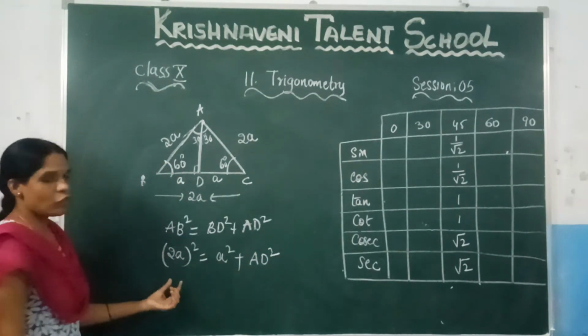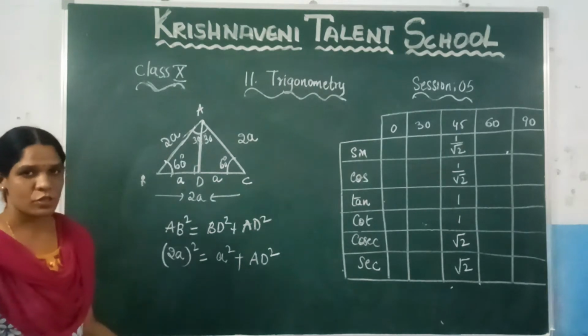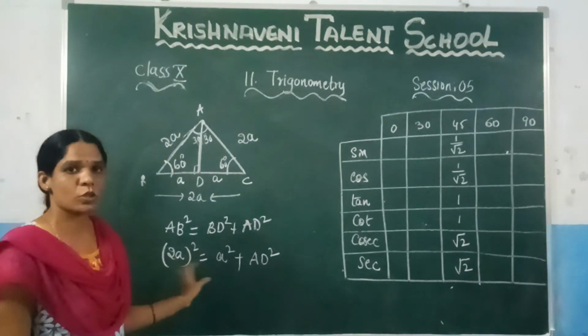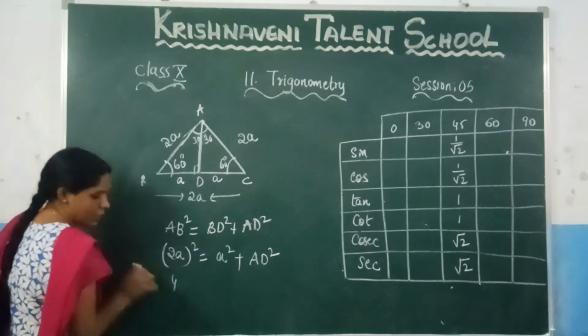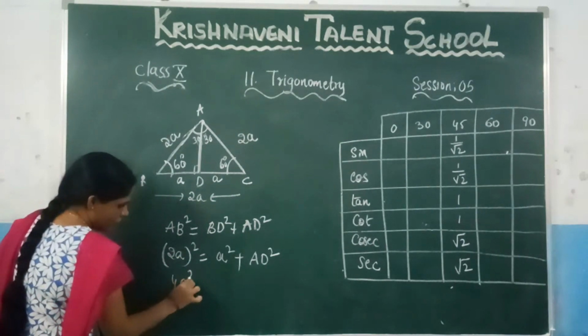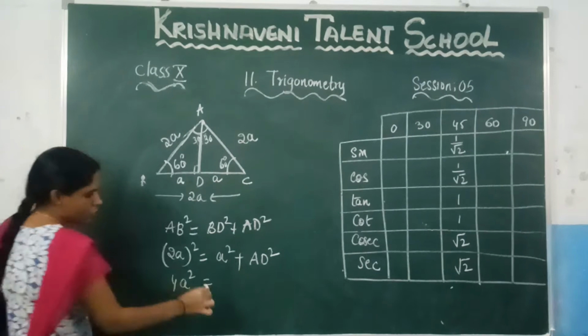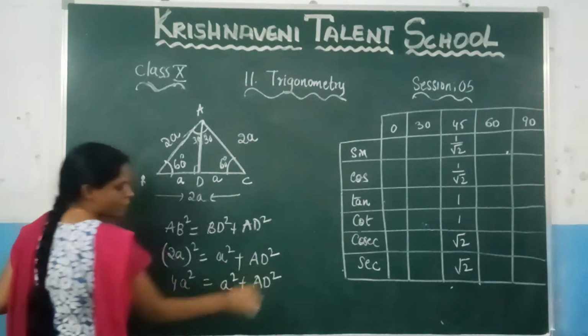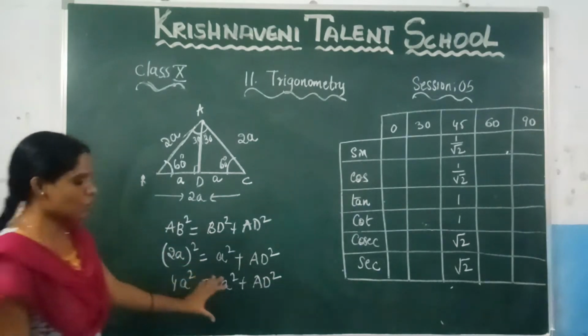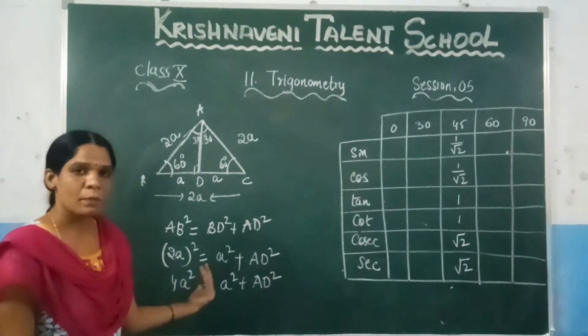Now, it is in the form of (AB) whole square, so this square is applicable to both of these numbers. You can write it as 2 square, which is nothing but 4, so here you will get 4A square. Now this is A square plus AD square. Now take this A square to this side. It will become minus.